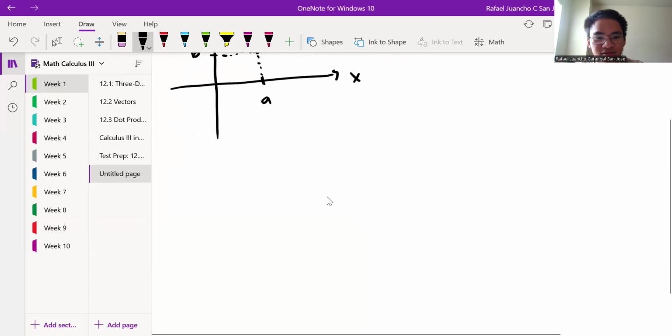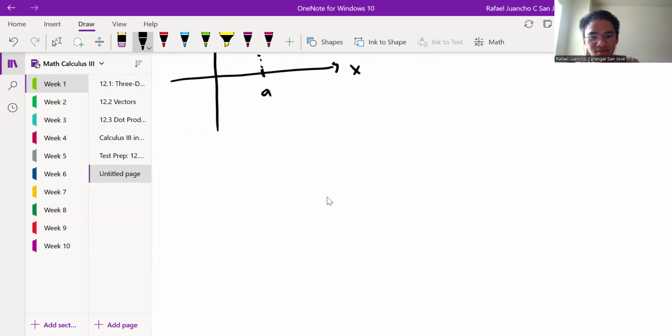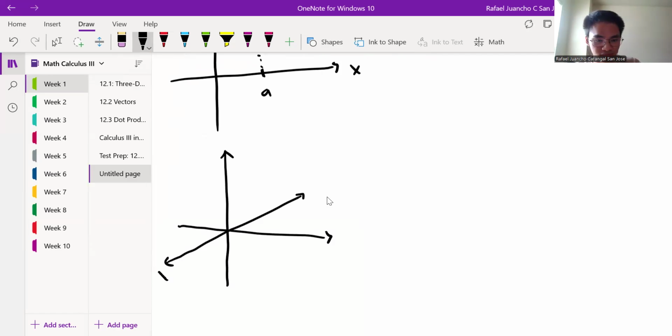Now when we look at 3D, we have X, Y, Z. And let's say we go at some point here. Let's make it clearer. Now we have some other points, right?